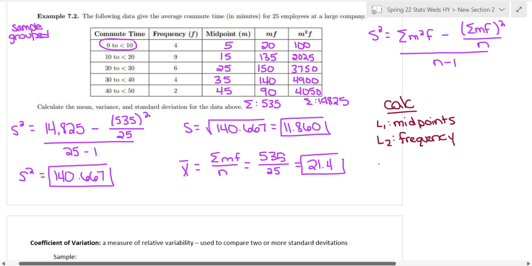And then it's stat, calc. We want the one variable statistics. And then the list is L1, and the frequency list is L2. And then calculate.